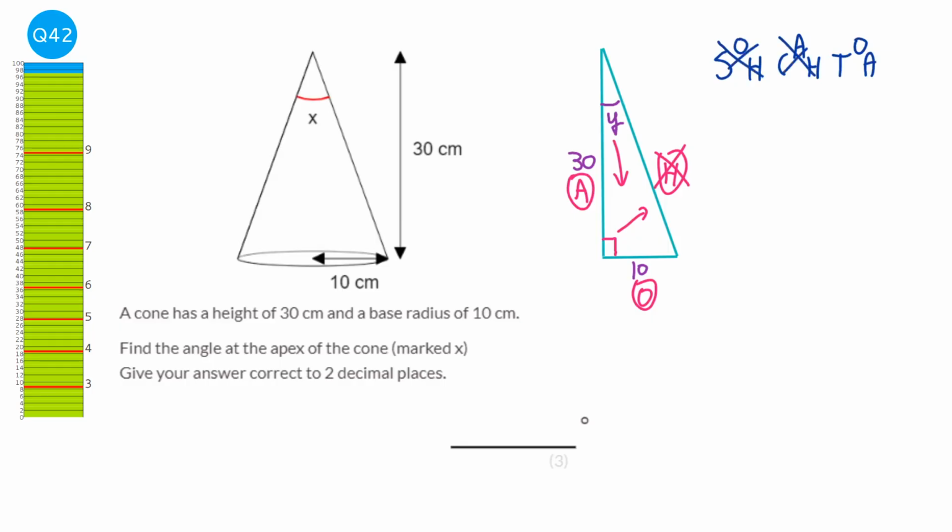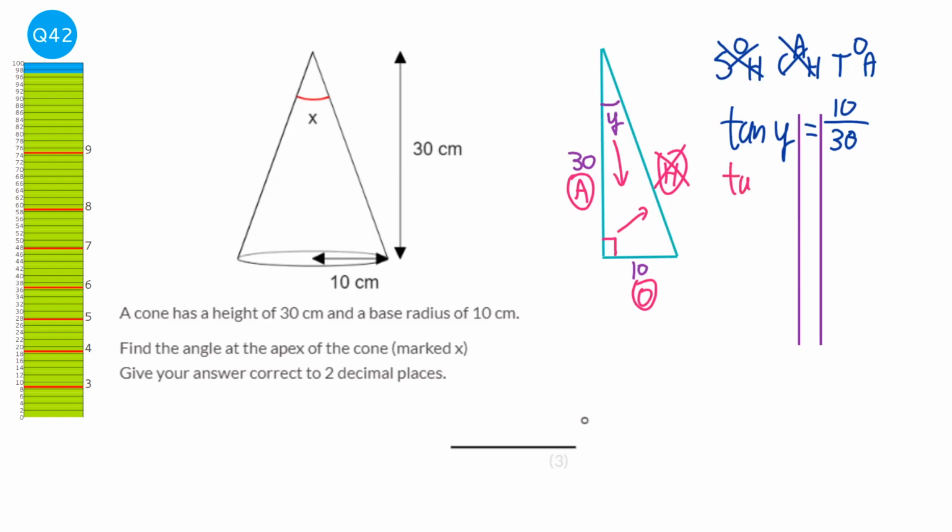We're using the TOA, and that stands for tan the angle, which in this case is y, equals the opposite, which is 10, over the adjacent, which is 30. And so we're going to have to solve this, so let's get my lines in.